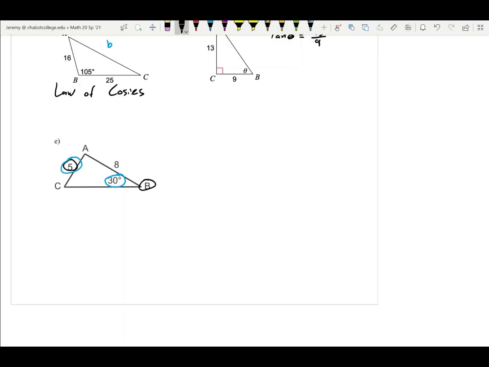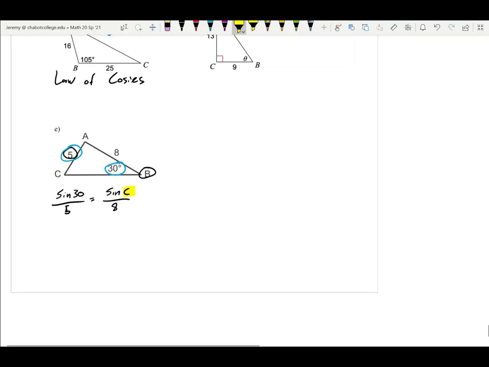Because I could set up this relation here. Sine of B over side length B is equal to sine of C over side length C. And I would end up with just a single variable there. So I think law of sines would probably be the easiest approach here.